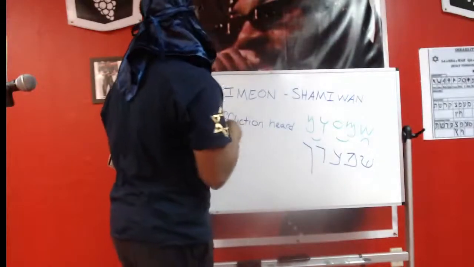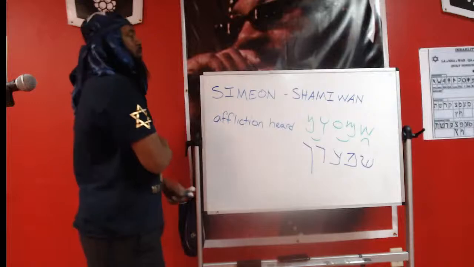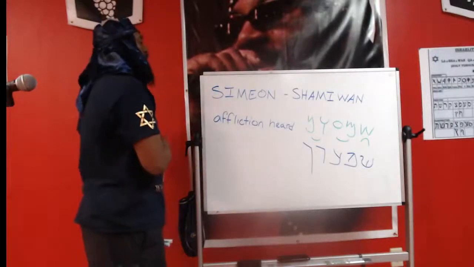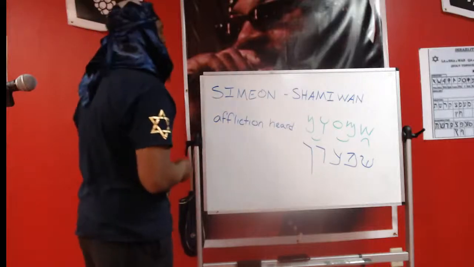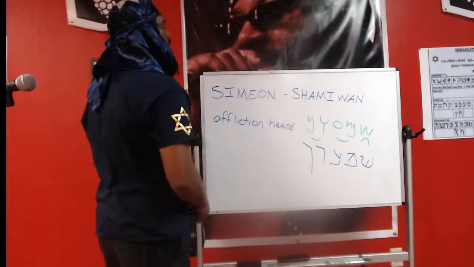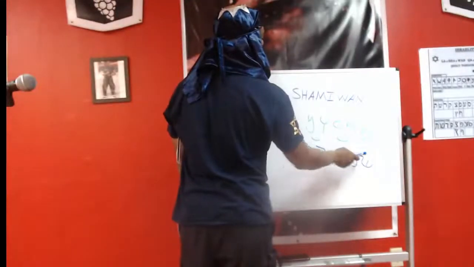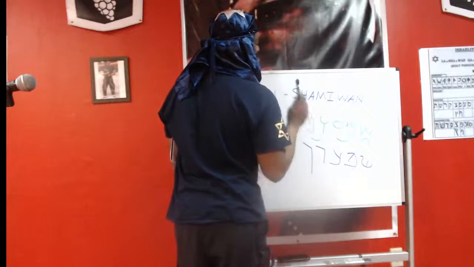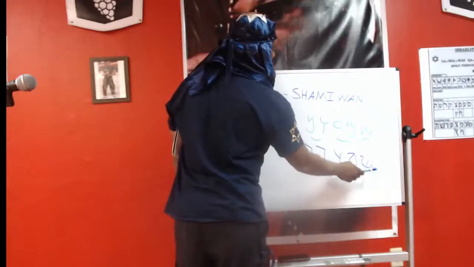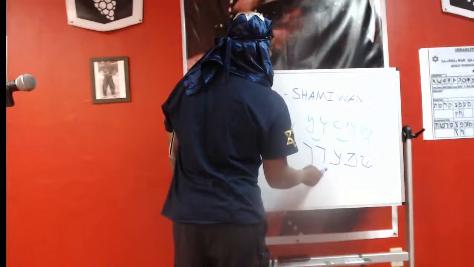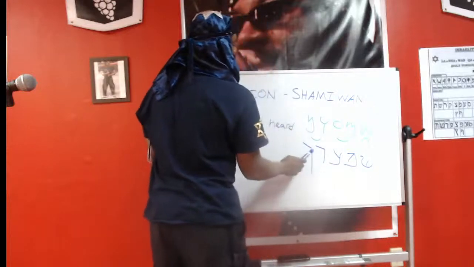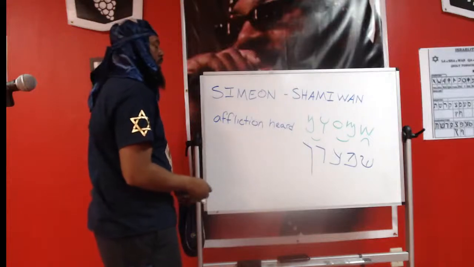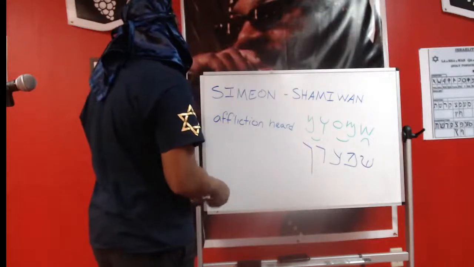All right. So the next tribe is the tribe of Simeon, or Shemai one, which means affliction heard. Ancient Hebrew, Shamai one. Assyrian Hebrew, Shamai one. Here we go again with the na at the end. Extended clip. All right.